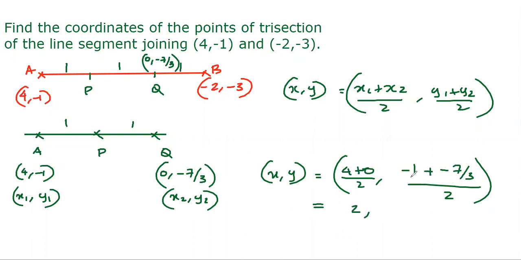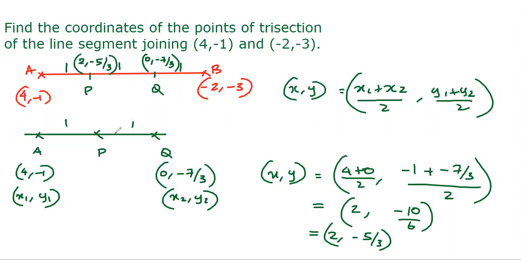Now here it will be minus 3 plus minus 7, minus 3 minus 7, minus 10 by 6, or we can say it is minus 5 by 3. So these are the points of division, 2, minus 5 by 3. So in this way you can find the points of trisection.